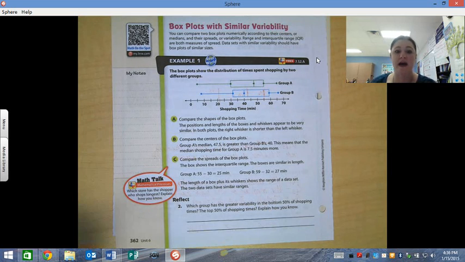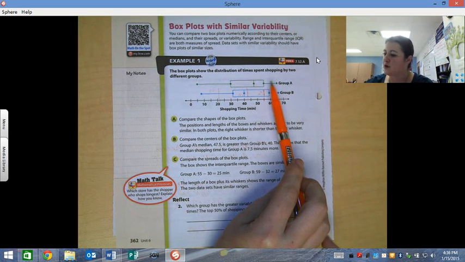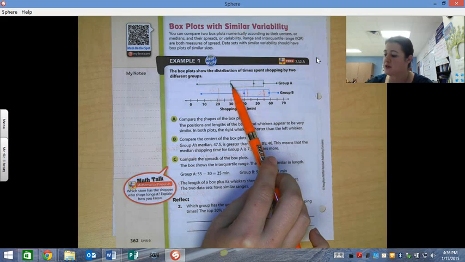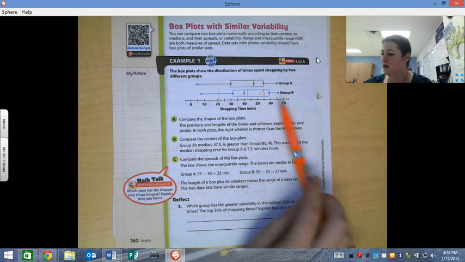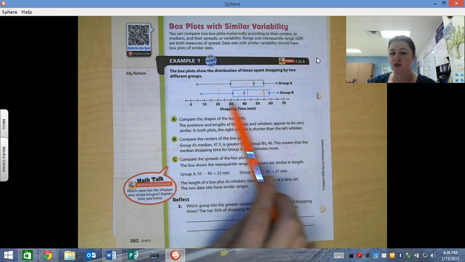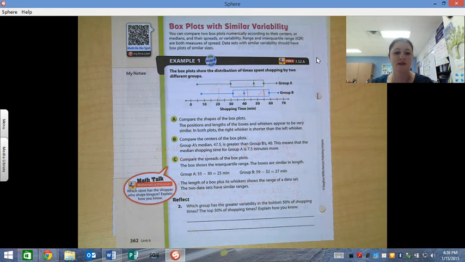So we need to actually look at the range of these. The box shows the interquartile range. The boxes are similar in length. They look pretty close to me. So for group A, we're going to go from 55 to 30. We subtract, and we get 25 minutes. Group B goes from 59 to 32, so it has 27 minutes.